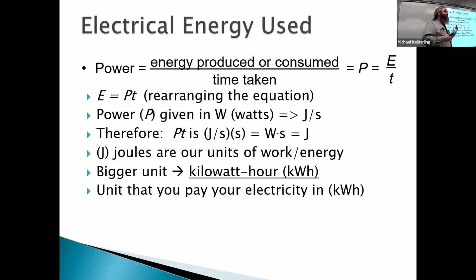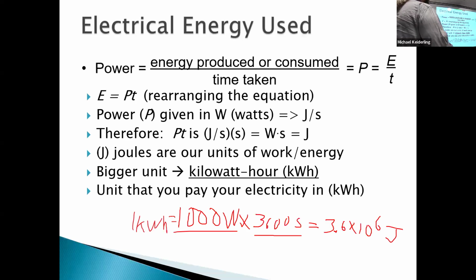So if you were using a kilowatt of power, it would move at a rate where in 1 hour it would move 1 tick. And it's probably easier to calibrate that in kilowatt hours than in megajoules or whatever. But yeah, we use kilowatt hours. 1 kilowatt hour is 3.6 times 10 to the 6 joules.